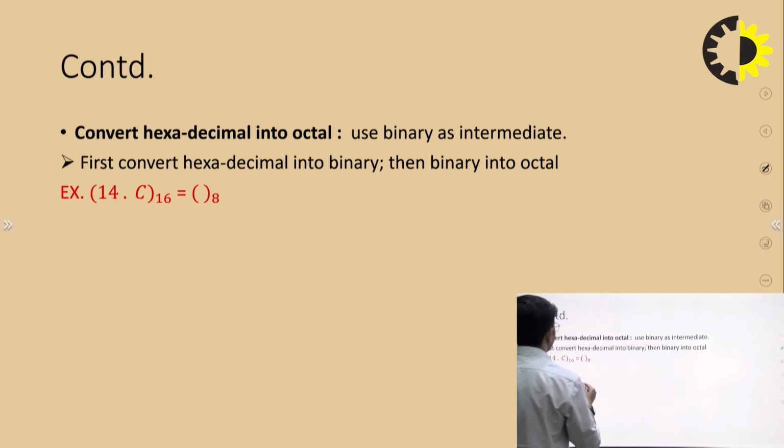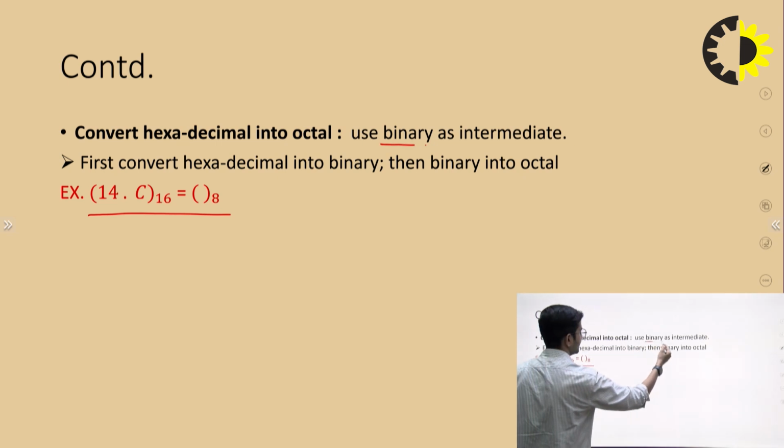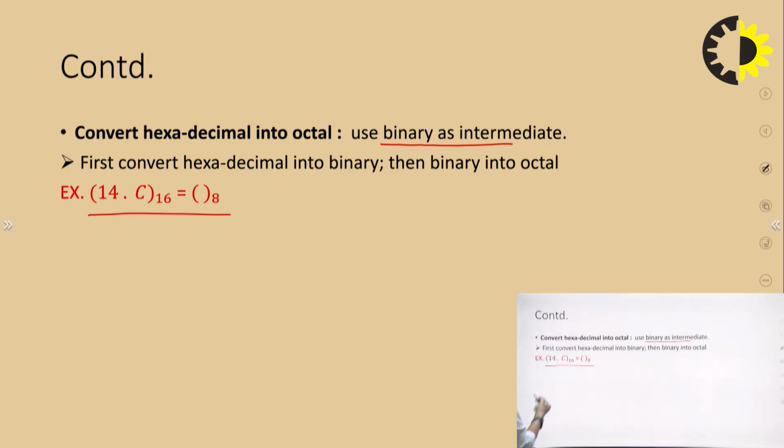Next is how we can convert the hexadecimal into octal. We can use the same procedure, like we can use binary as an intermediate. So we will first convert the hexadecimal into binary. In binary, 1 is represented by 0001.